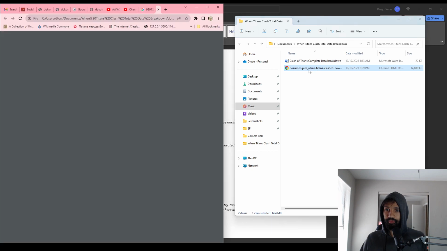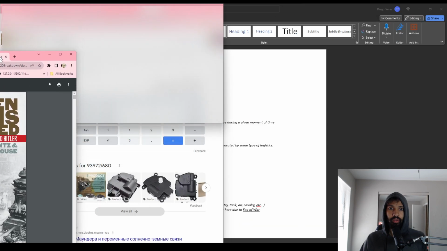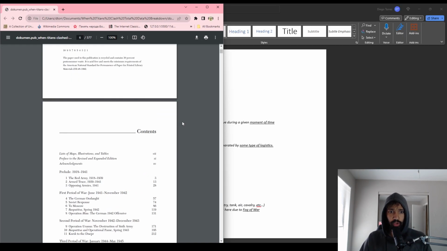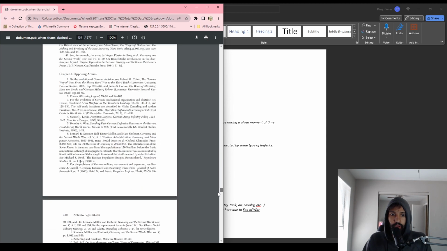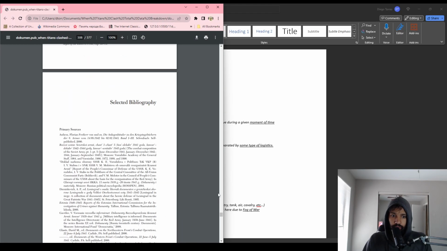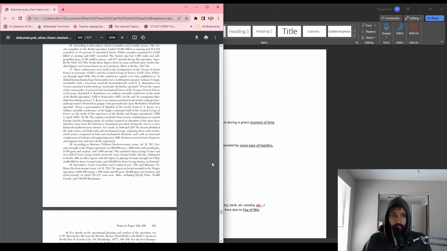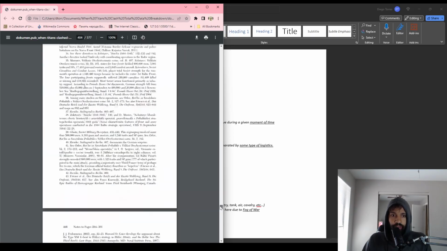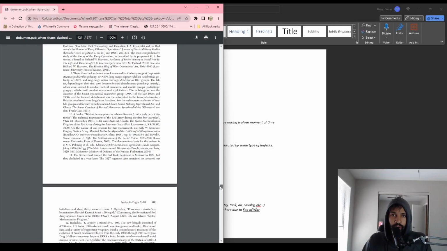Let's do that. So I found an online copy. It's free to download. Here we are. So this book, I'm not here to really use the book directly, and obviously for copyright reasons, I don't want to show much of the book, but David Glantz was kind enough to give us data tables, and those data tables I'm trying to make sense of.